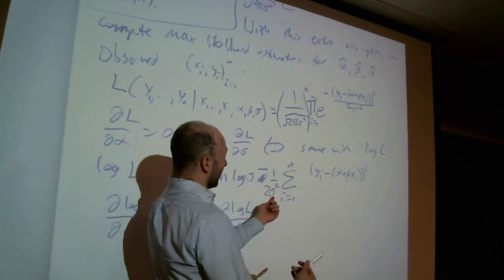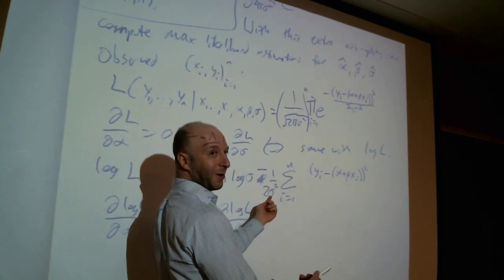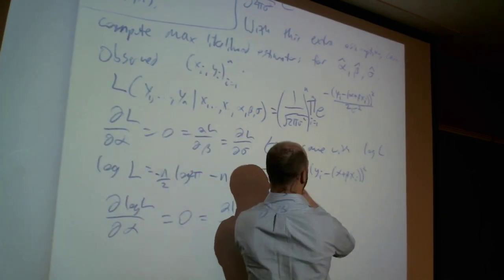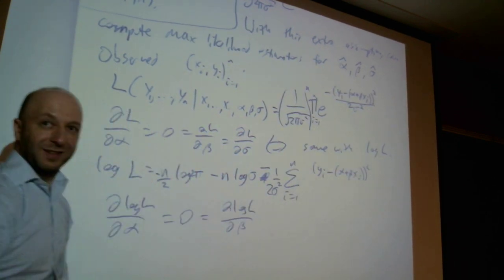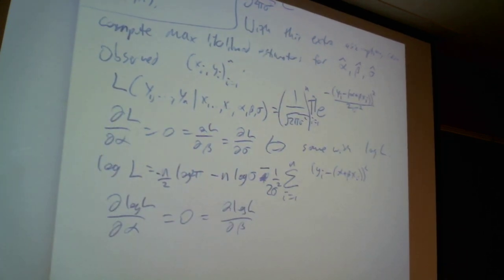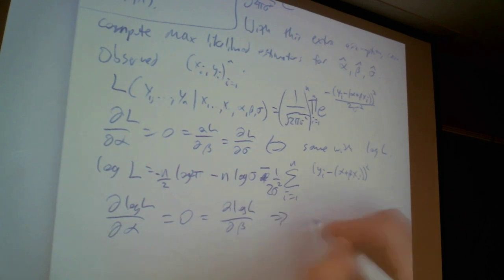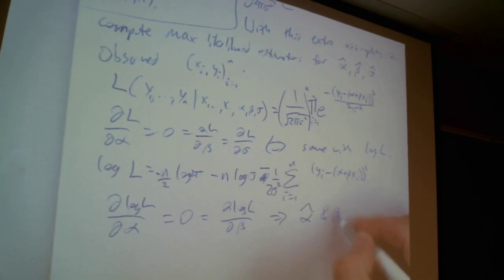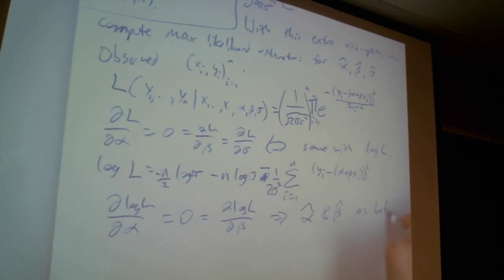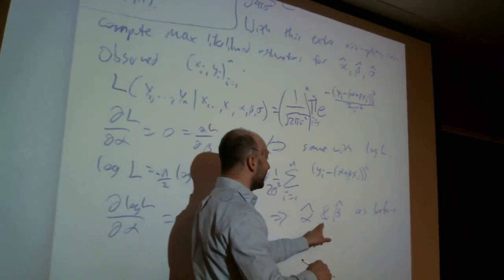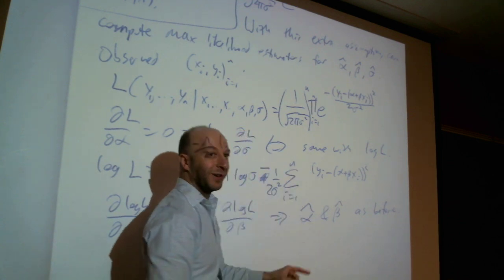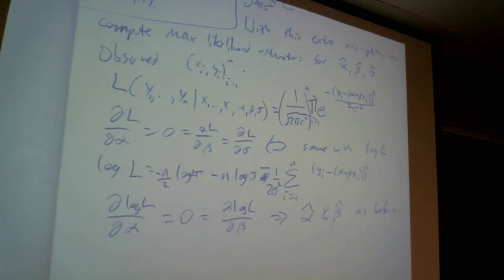And the constant doesn't change the minimizing values of alpha and beta. This implies alpha hat and beta hat as before. So the maximum likelihood estimators for alpha hat and beta hat are exactly the same as the least squares estimators.